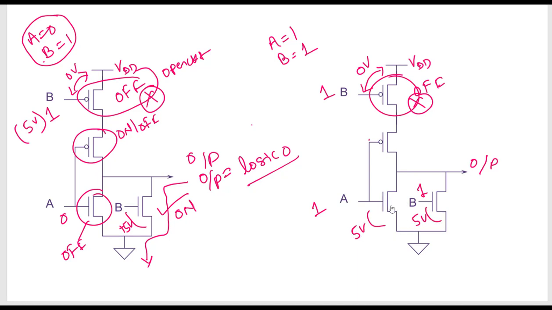In this case, both transistors will be on. Your output will have effective connection towards the ground through both the NMOS transistors. As a result, your output will be logic 0. So this is how we can get the NOR function using the two PMOS and two NMOS transistors connected in a particular geometry.